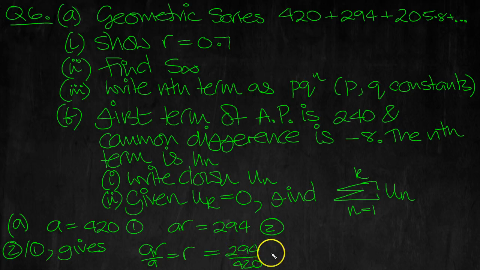And you'll notice that if you tap that in a calculator you do get 0.7, because 7 40s are 280, 7 2s are 14, 280 and 14 are 294, so it's 7/10, which is 0.7. So that's part 1.